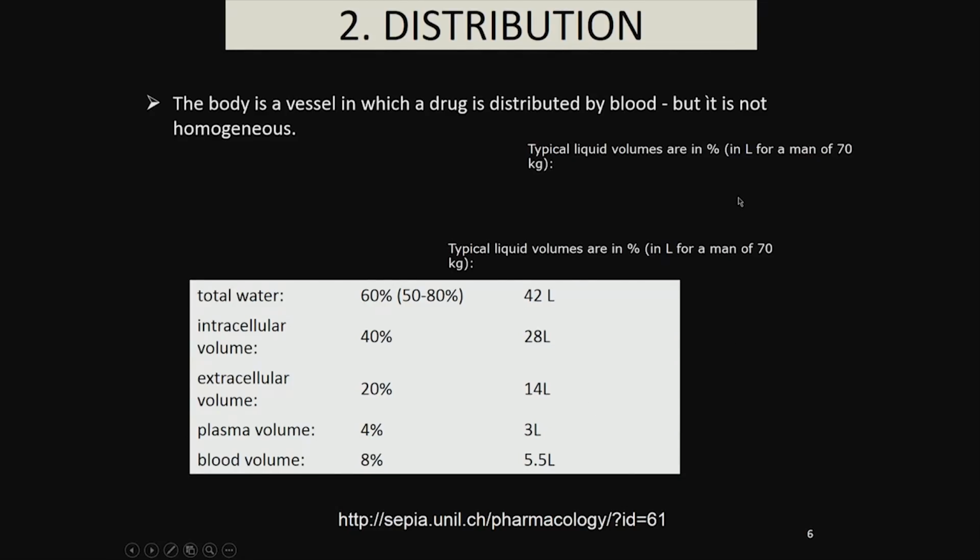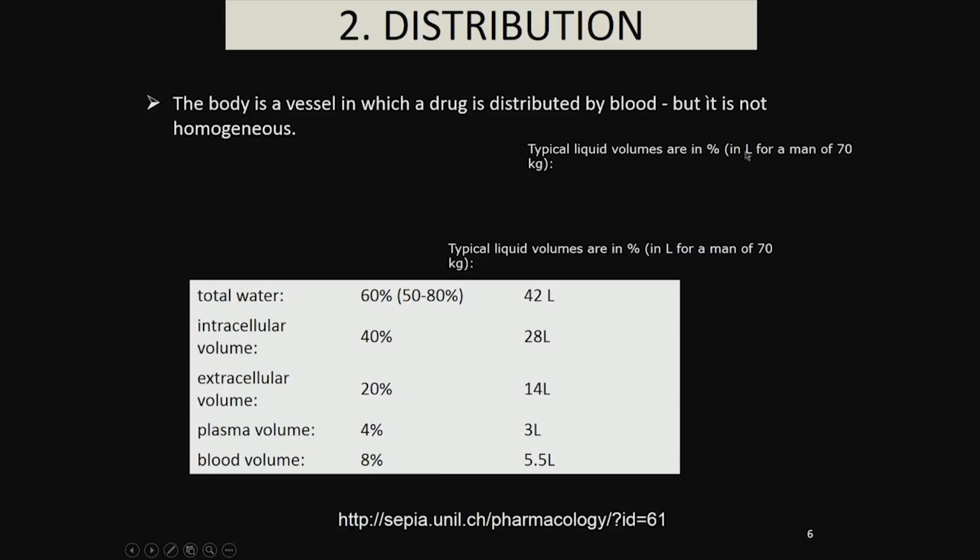When you drop some salt inside the pot, it gets diluted. If the quantity of liquid inside the pot is very large, it will get diluted too much and the concentration will be very low. So the body is a vessel in which a drug is distributed by blood, and it is not homogeneous. It is not only the blood, but many factors.